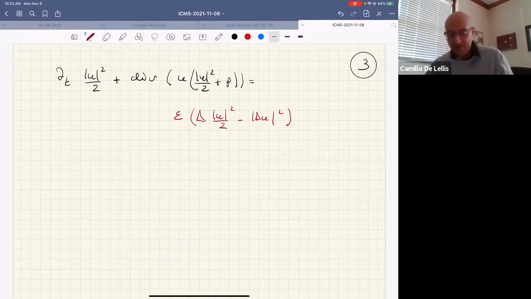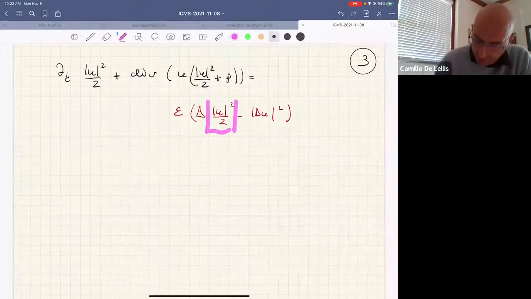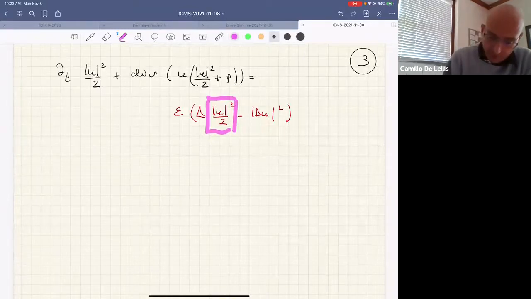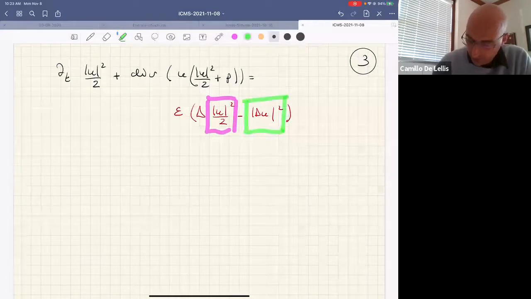Right, and now when you send epsilon to zero, it's easy to see that this term has to converge distributionally to zero, because you have a uniform bound on the L1 norm of the modulus of u squared, but this term over here is what actually should be responsible for the dissipative part, so for the fact that dissipation is actually surviving in the Euler equations.